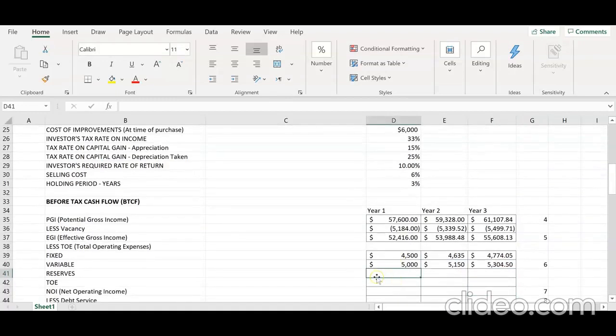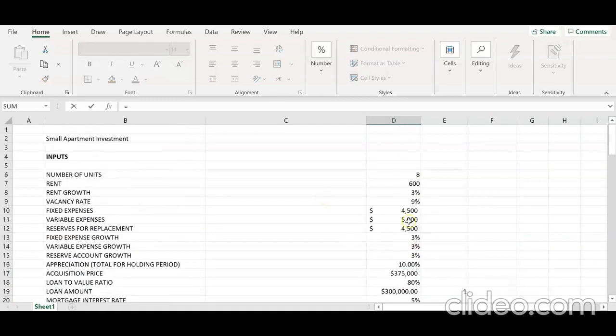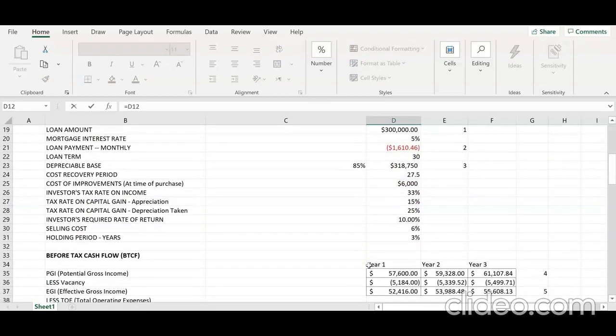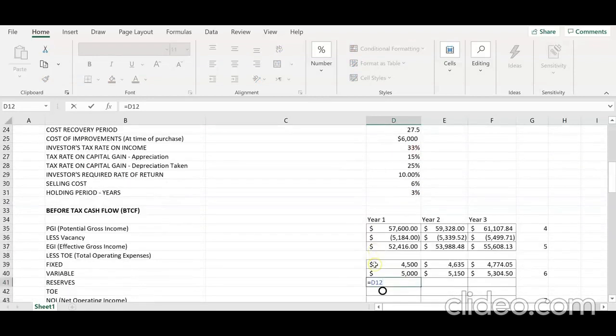The reserves will be given also in the assumptions, so I'm going to just copy the cell.